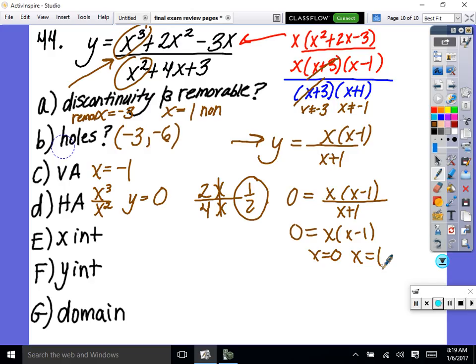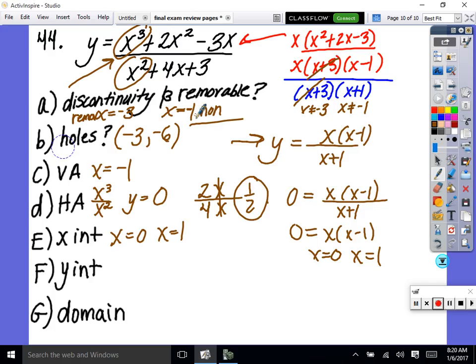So our x-intercepts are x equals 0 and x equals 1. Now let's check our domain. Are those x values allowed? Oh, no, wait. I wrote x equals 1, but the discontinuity is negative 1. Okay, so yes, we have two x-intercepts because both of those values are allowed. The only two unallowed values are negative 3 and negative 1.